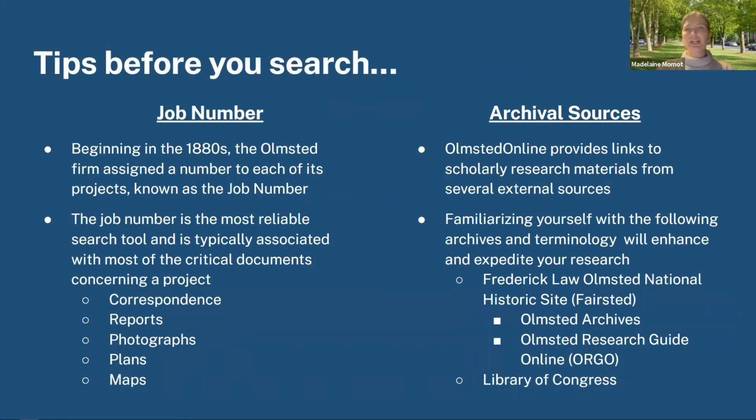I want to share a couple key tips with you before we start that will help your research progress more smoothly. Firstly, I just want to really quickly explain the role of a job number on OlmstedOnline. Beginning in the 1880s, the Olmsted Firm assigned a number to each of its projects, and this was known as the job number. The job number is the most reliable search tool, and it's typically associated with most of the critical documents.